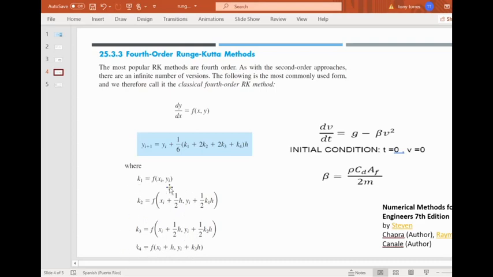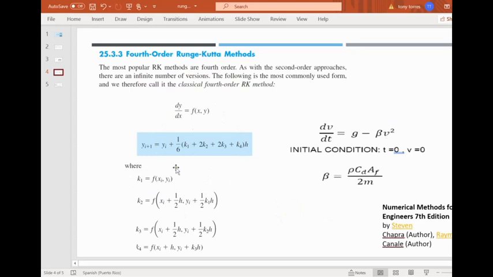Now, in our particular case, it's straightforward because we only have one argument. From here, we only worry about the y argument, only this part here, because the independent variable, time, is not here. Since time is not here, that makes the application of the Runge Kutta method a lot easier. All right. So again, remember, only one variable here, and that's the dependent variable.